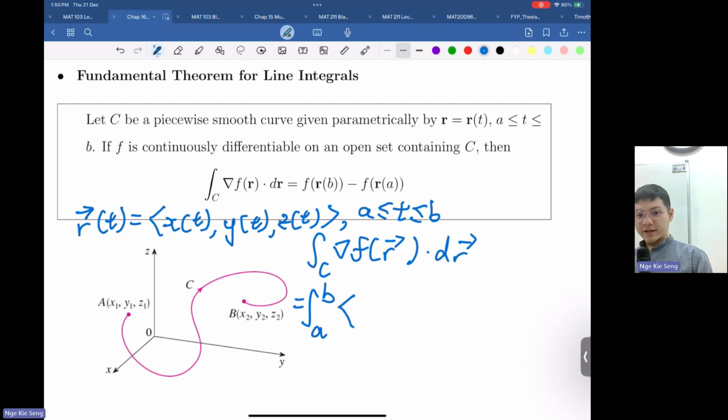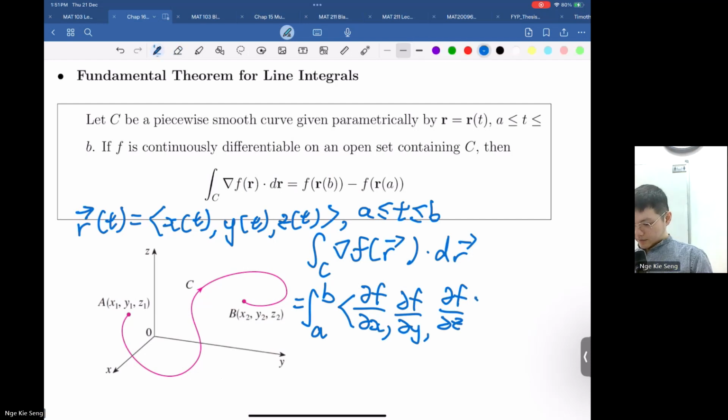What is del f? It's the gradient: del f over del x, del f over del y, del f over del z. How about dr?